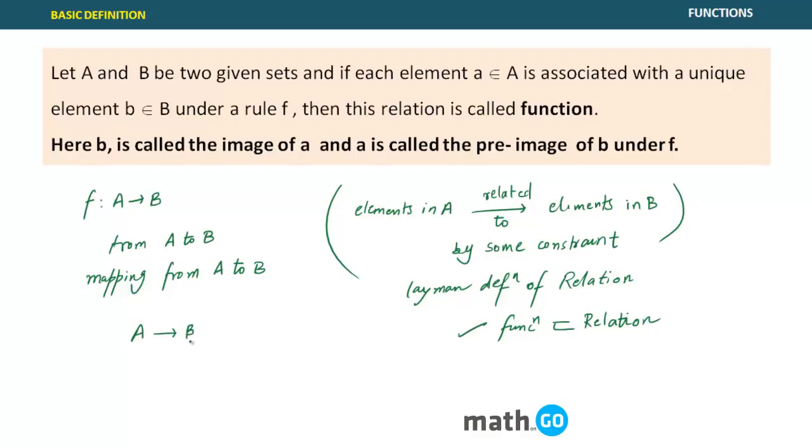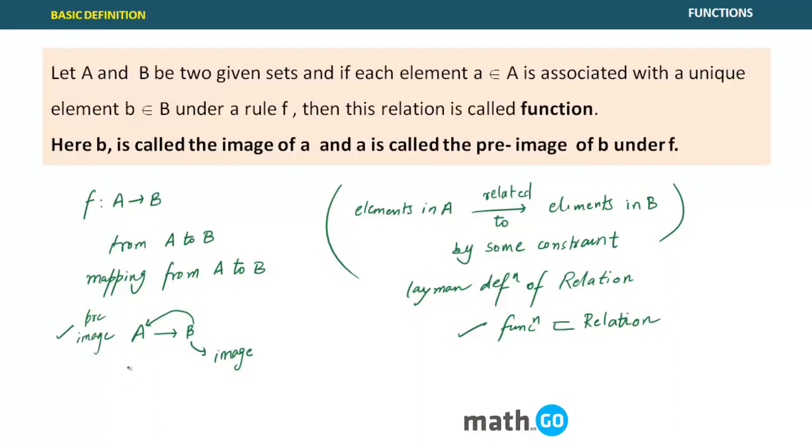will be called images of A, right? So you will say that A has images in B, and if you mark the arrow like this, you will say B has pre-images in A, right? This is the syntax of saying, otherwise both actually mean the same.